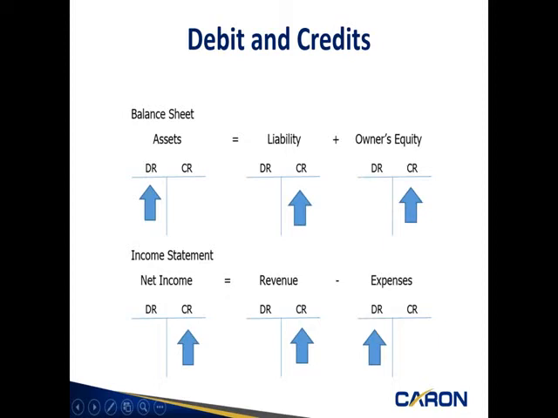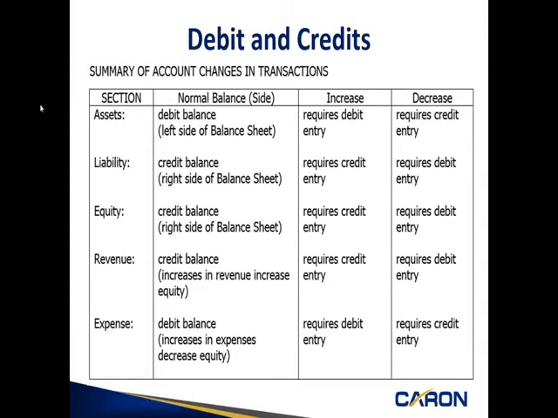Okay, and depending on the type of account, one of the 5 types of account, if you put it on one side, you will increase it. So if I put a credit to my liability, that means I'm increasing the liability. Okay, the next screen. Again, this is the same thing, except it's in text form. And some people like it in text form. You can see on the screen that there is 5 types of accounts.